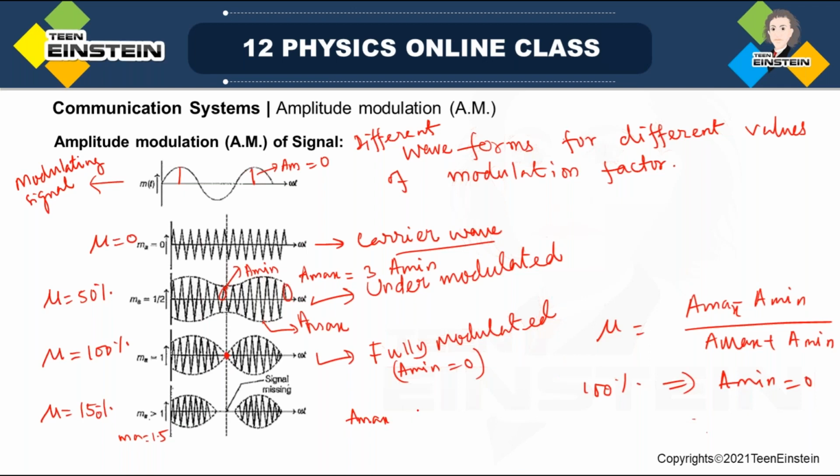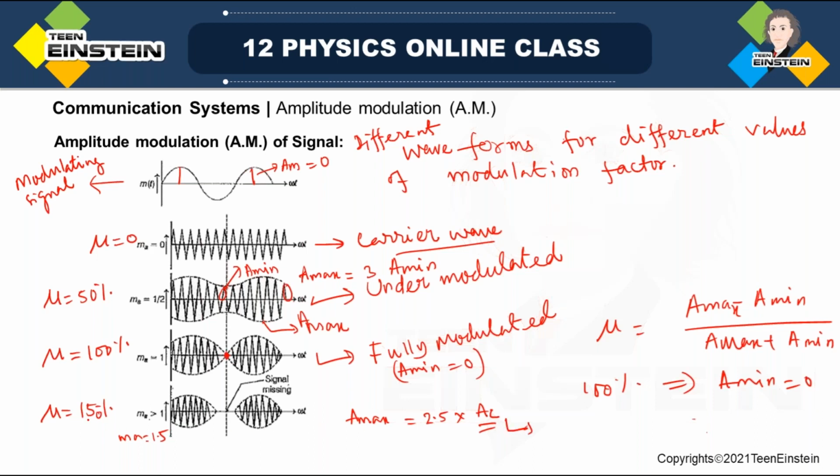A max will be 2.5 times greater than the carrier amplitude.